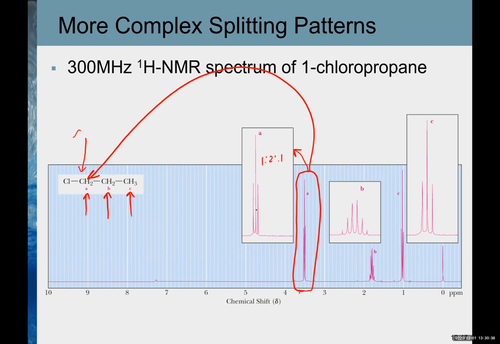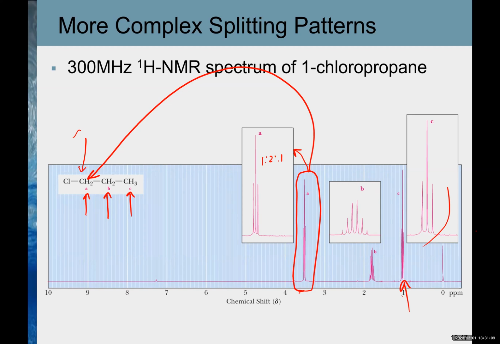So C will also split into a triplet. And C is farthest away from chlorine, so at that position chlorine's electronegativity has no effect. And we know that sp3 bonded protons appear anywhere from 0.8 to 1.7. So the only signal which is a triplet and in the 0.8 to 1.7 range is this one, and it is indeed a triplet.